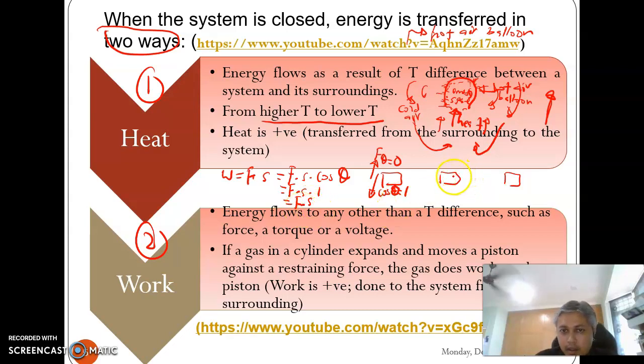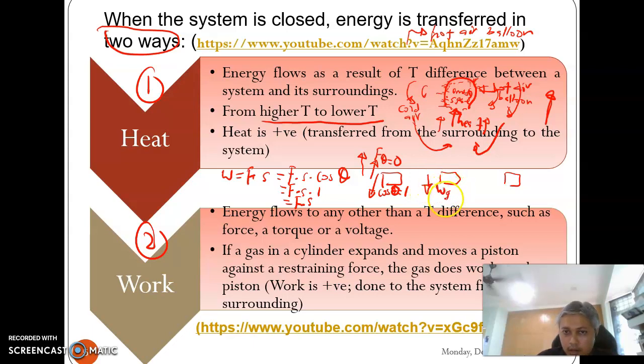But if we are going to measure gravitational work with respect to the displacement, in other words the force is being applied up, and the gravitational force is being applied down here.